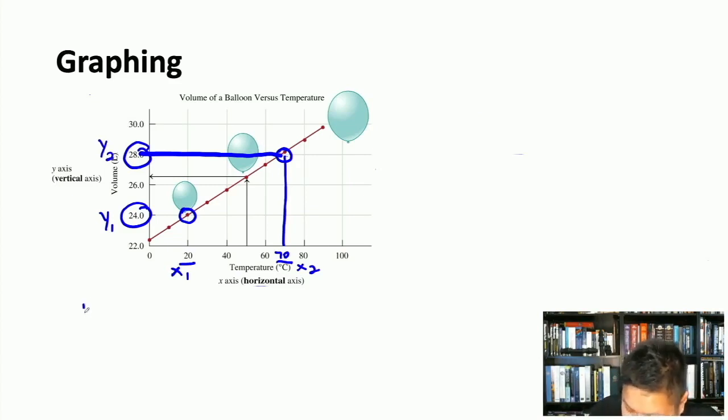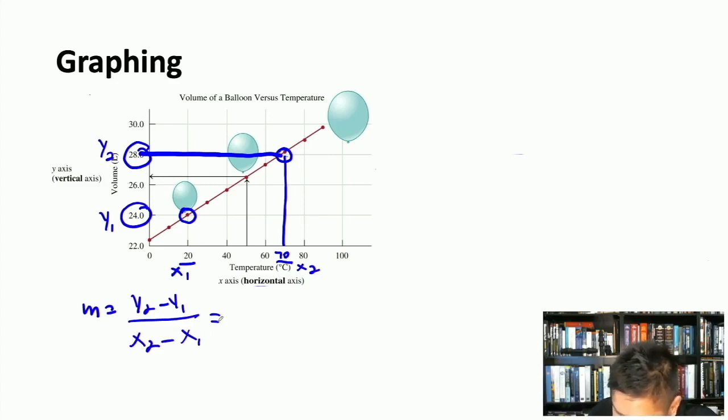If you recall, m, or the slope, equals y2 minus y1 divided by x2 minus x1, right? So what does that equal then? Let's plug in our numbers. y2 is 28, and then y1 is 24, divided by x2, which is 70, and then minus 20, which is x1.